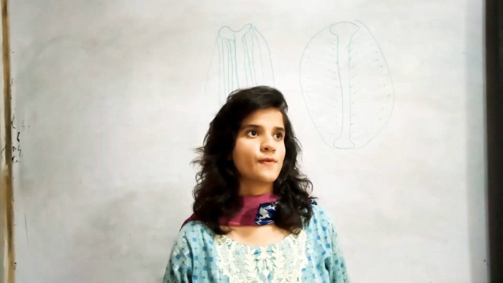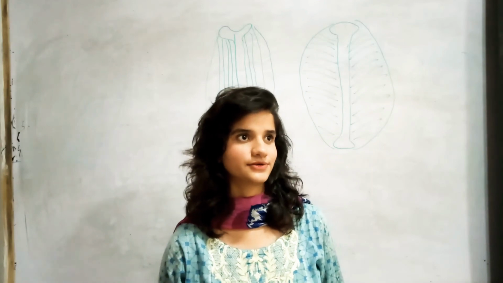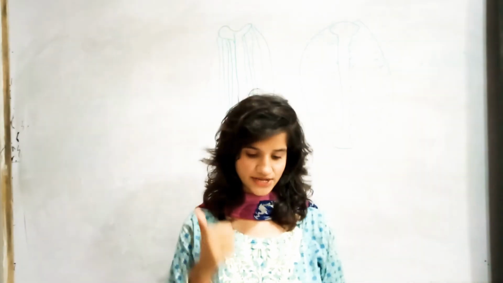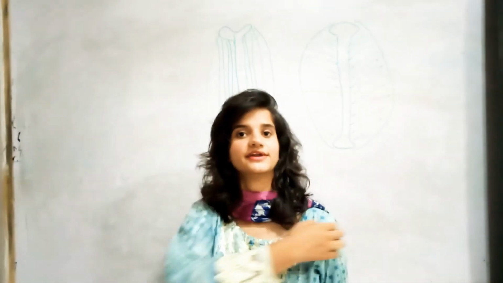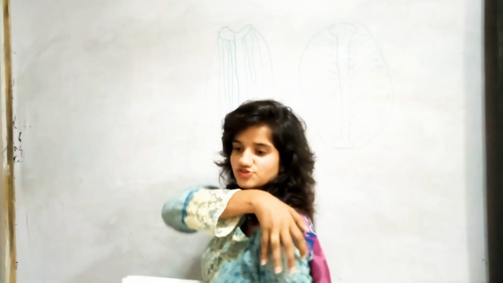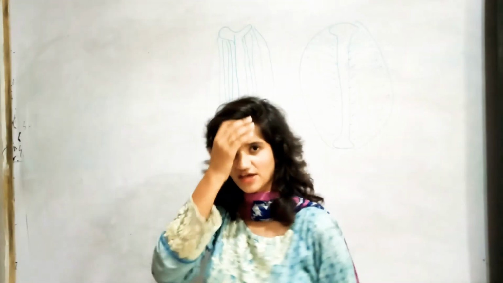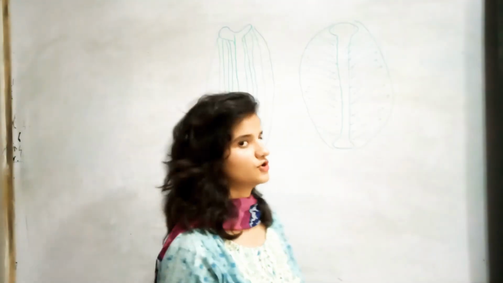Now, what are the pinnate fibers' types? Let me tell you those muscles: tibialis posterior, which is present on the tibial region, rectus femoris, and the deltoid muscle. The muscle which is present at this region has such a pattern, so you can identify it very easily.